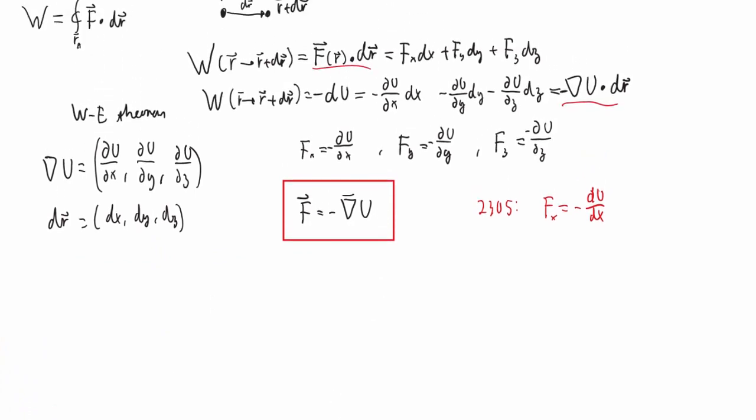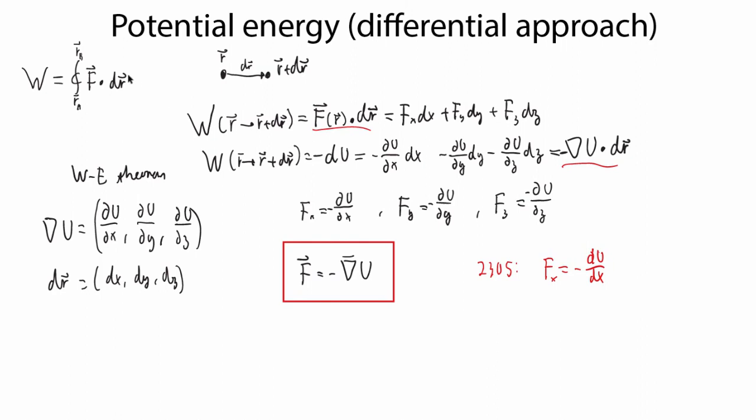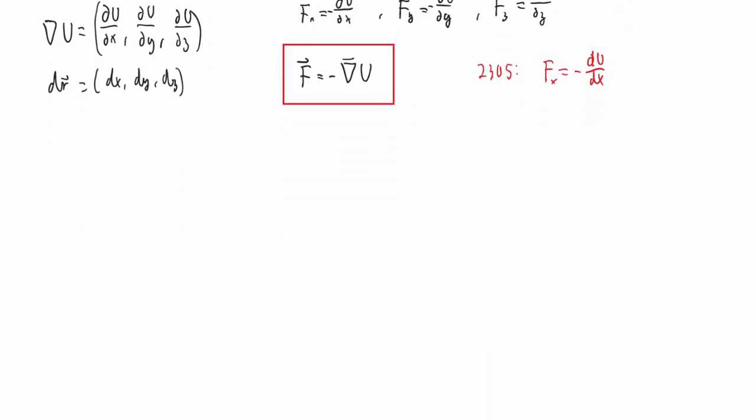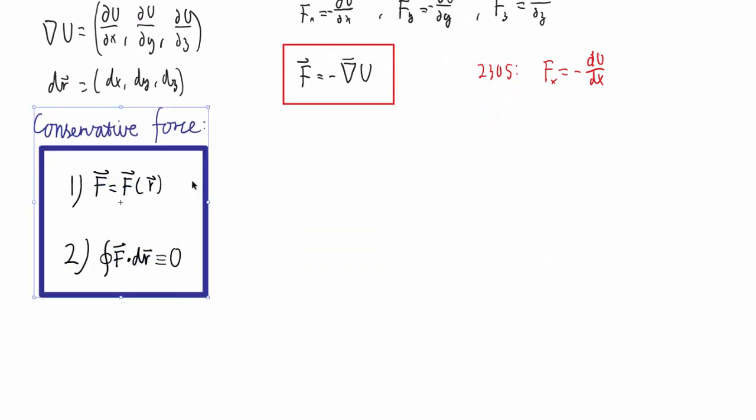The other thing that we want to cast in a differential form is the condition that tells us that a force is conservative. As we just recently mentioned, there are 2 conditions for a force to be conservative. It has to depend only on position, and the work line integral is independent of path, which means that if you integrate around a closed loop, then the net work is going to be 0.